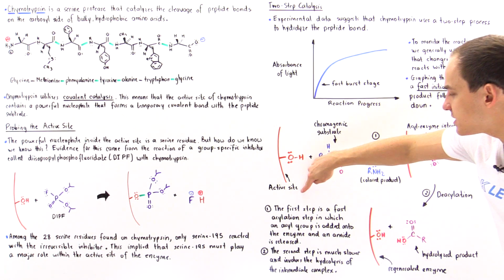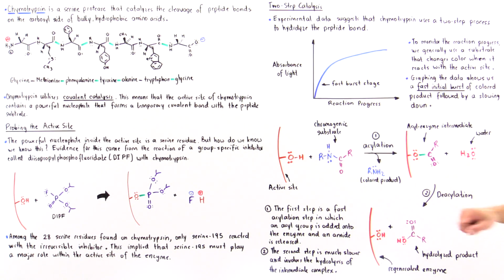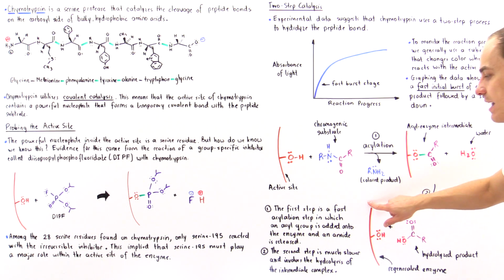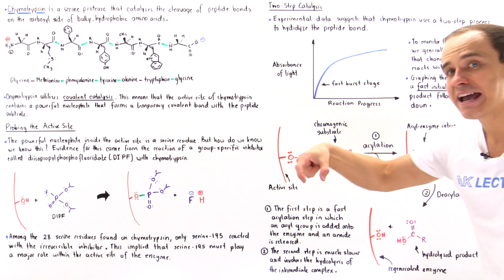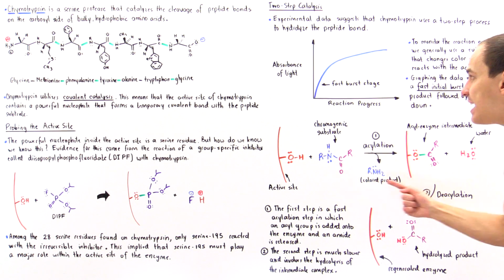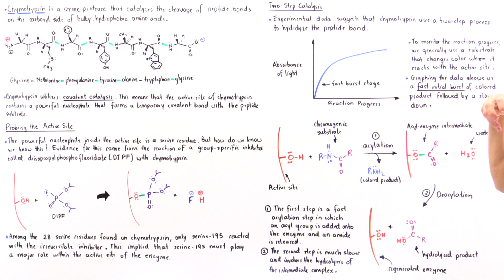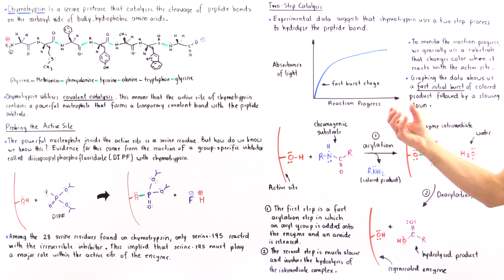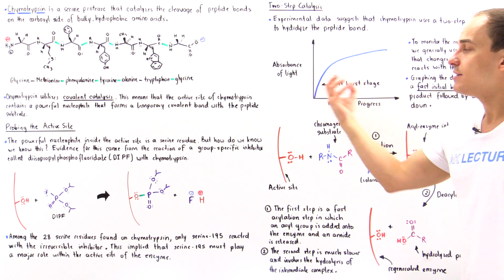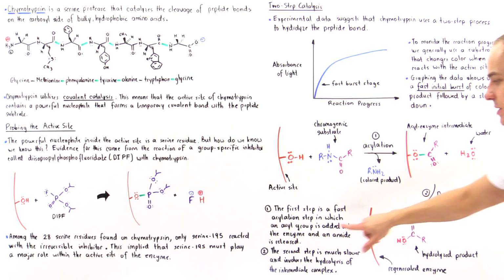So the first step is the fast acylation step, in which the acyl group is added onto the enzyme, and then the amide is released. And it's the amide that is used to basically determine what the color change is. We use it to basically determine how much light is absorbed.